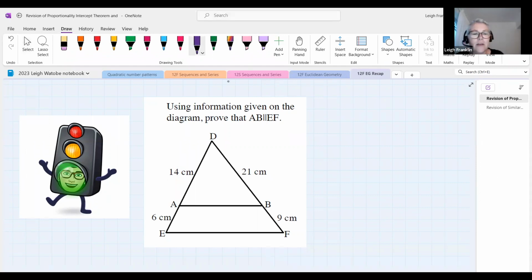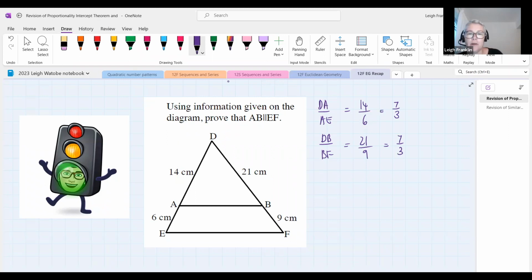I said DA over AE is equal to 14 over 6. When you put that on the calculator, you will get 7 over 3. Perfect. And DB over BF is equal to 21 over 9, which will also give you 7 over 3.